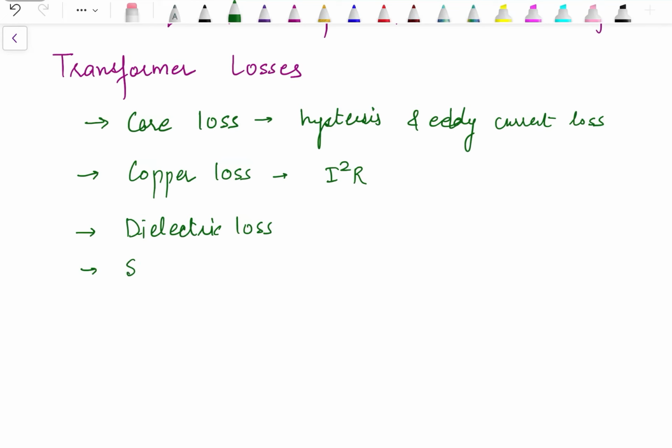Also, another loss which is negligible is stray loss. The stray losses occur due to leakage flux in the transformer. Again, they are negligible. So the dominant losses which occur in the transformer, which we need to discuss in detail, are the core loss and copper loss.